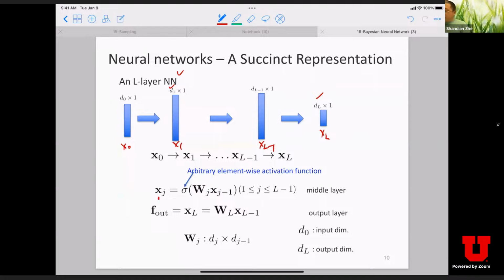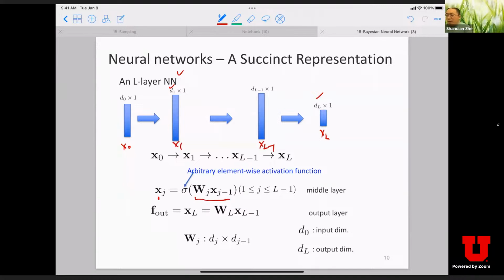If you want to compute the output of the j-th layer, Xj, we first do a linear transformation over the output of layer j minus 1. This linear transformation can be written as a matrix multiplication: the weight matrix Wj times Xj minus 1.